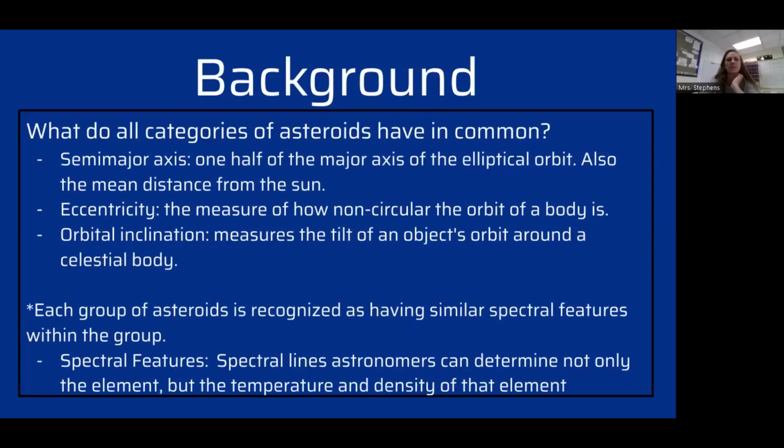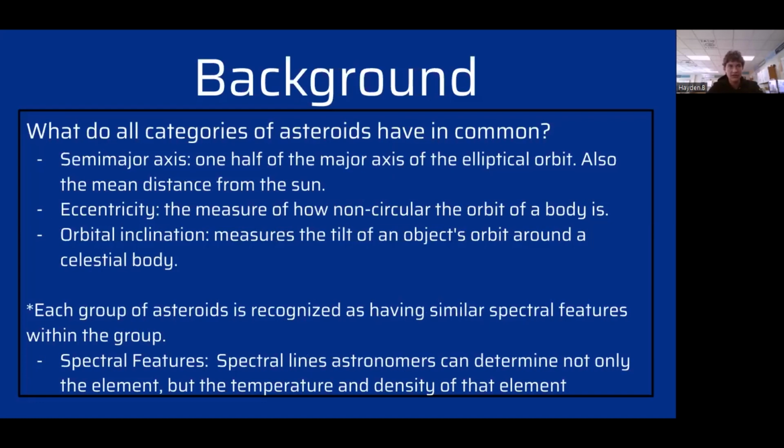Next, we're going to be talking about what the different categories of asteroids have in common. They have a semi-major axis, which is like 1/2 of the major axis of an elliptical orbit. It's also the mean distance of that orbit from the sun. They have eccentricity, which measures how non-circular the orbit of a body is.